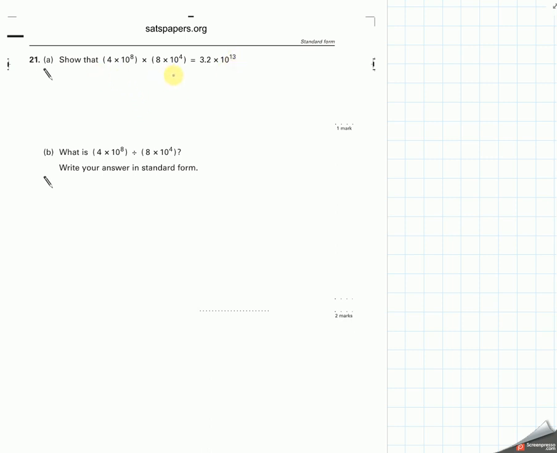The way to do multiplication of standard form, they actually say it at the top of the page, is you collect the numbers, the first part, together, and we do 4 times 8, and then do the indices as a separate part of the calculation. 4 times 8 we know is 32, and when we multiply common numbers with a common base, we add the indices. So that will give me 10 to the 12.